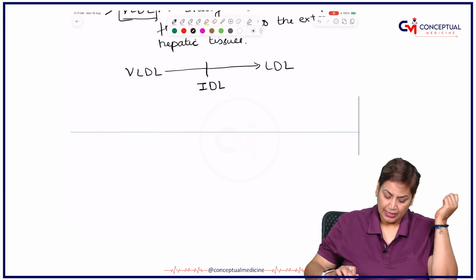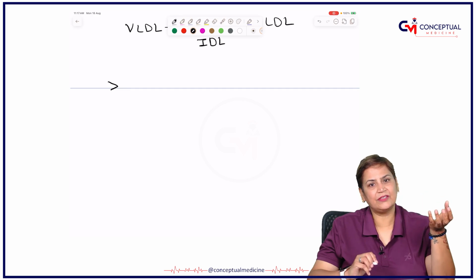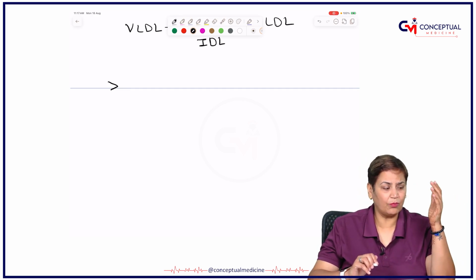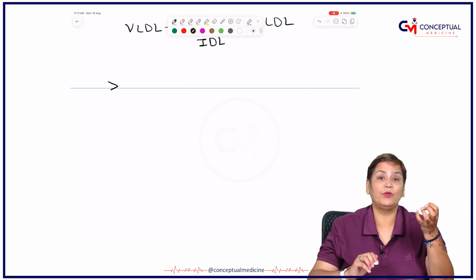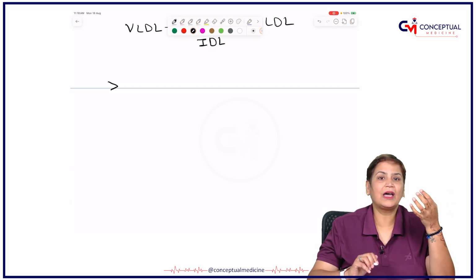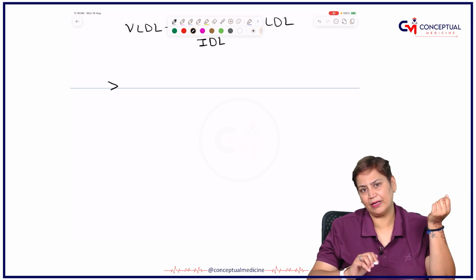Now, since VLDL requires a specific apoprotein, the moment it comes out of the liver it will require an apoprotein because it cannot move on its own. So what are the apoproteins required for VLDL metabolism?